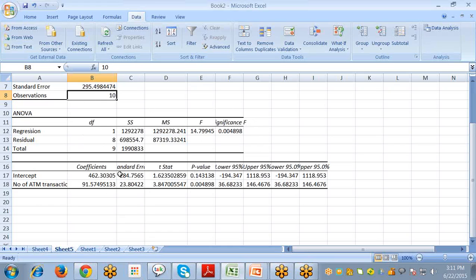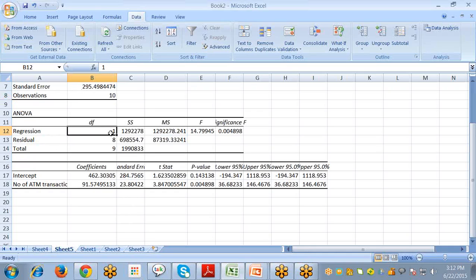This is the main thing for simple linear regression. The first is the DF, which stands for the degree of freedom. For regression, it is the number of independent variables. Here we have only one independent variable, which is the number of ATM transactions.